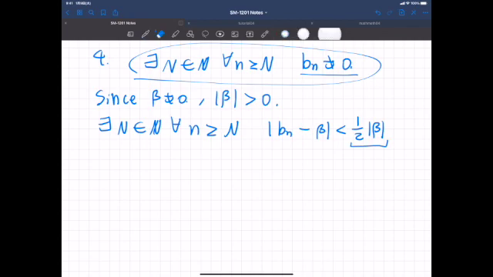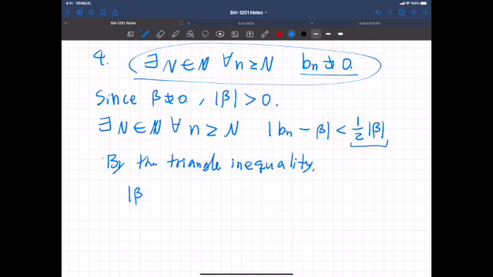Now we can use the triangle inequality. By the triangle inequality, we have |beta| minus |bn| is less than or equal to |bn minus beta|, or rather, the opposite, |beta minus bn|, which is less than half |beta|.